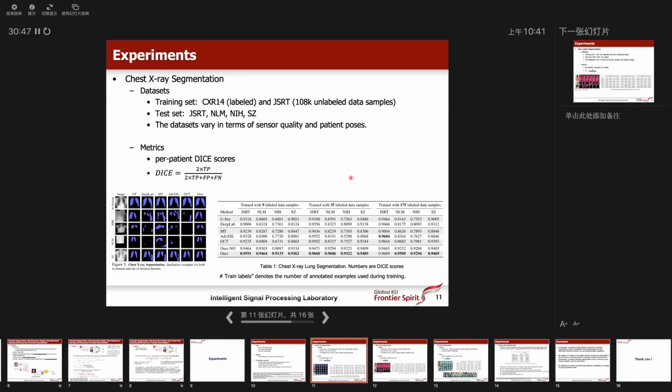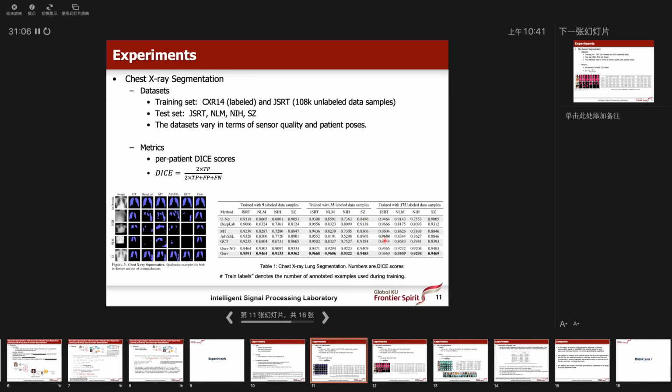Another interesting thing here is that for the case with 35 labeled samples versus 175, 35 labeled data samples seems to have better performance, right?